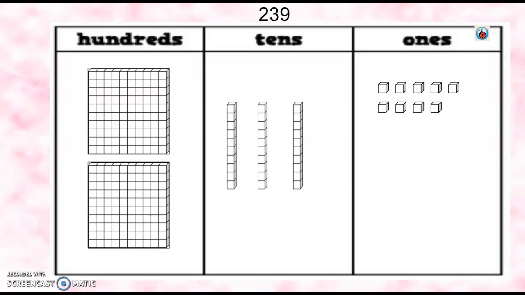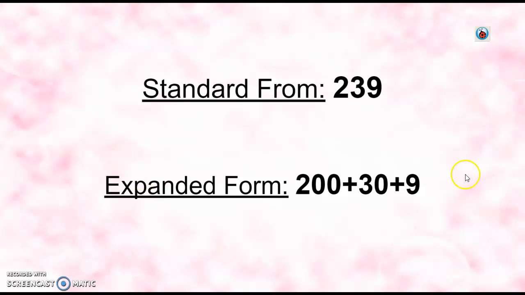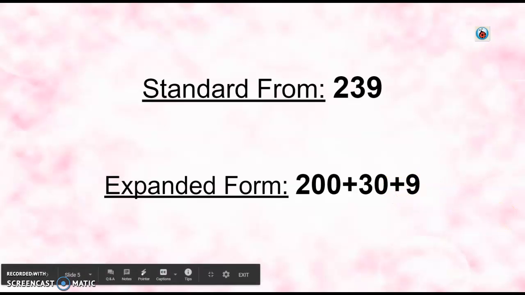So, 239, this is what it looks like using base 10 blocks: 2 hundreds, 3 tens, 9 ones. So if you see it by itself, that is what standard form looks like. It's standard, it's regularly written, how we would normally write it, 239. Expanded form is when you pull it apart: 200 plus 30 plus 9.